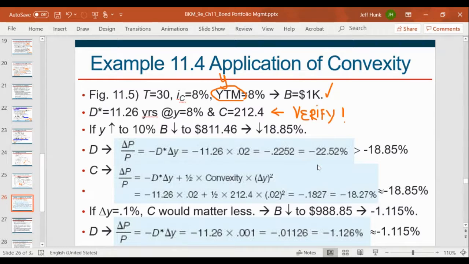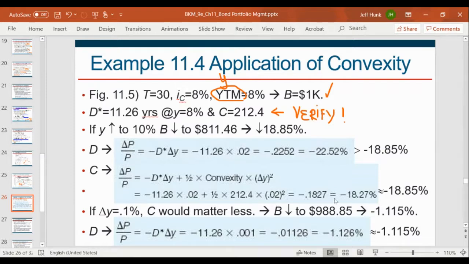But then if we use convexity, this is the percentage change in bond price. So multiply that by duration, and then add convexity, 212.4 times the interest rate change squared.